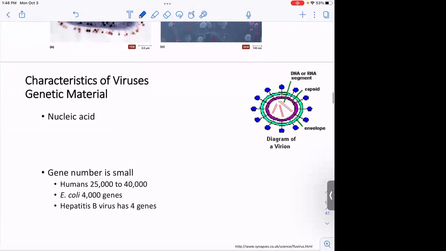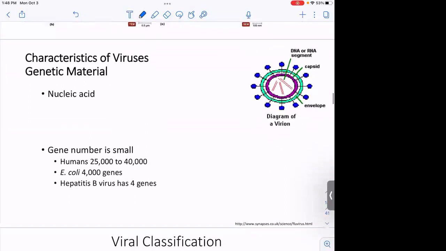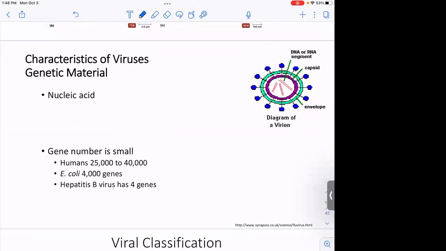And in terms of that genetic material, we're going to revisit this a few times, but it's either going to have, like I mentioned, DNA or RNA. That nucleic acid can be linear or it can be circular.